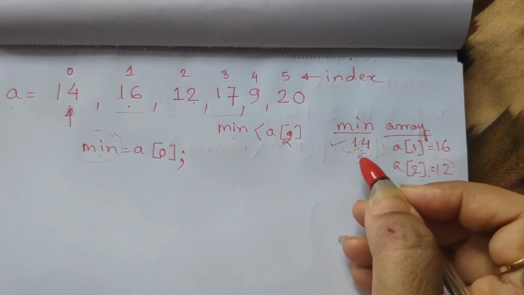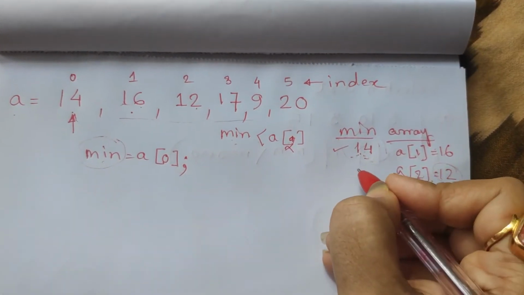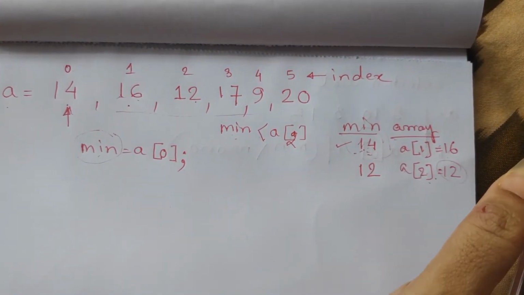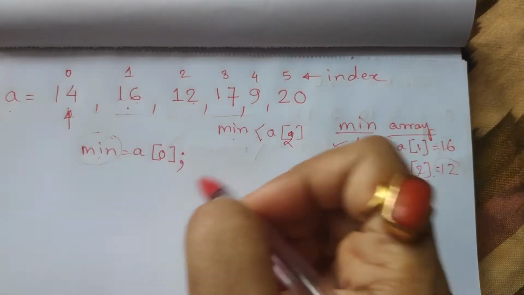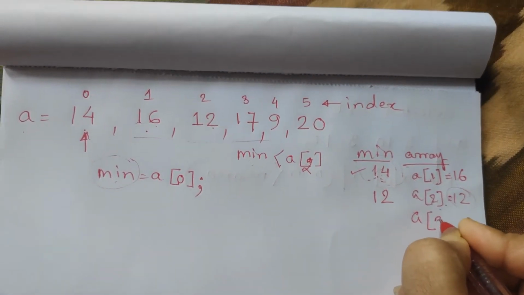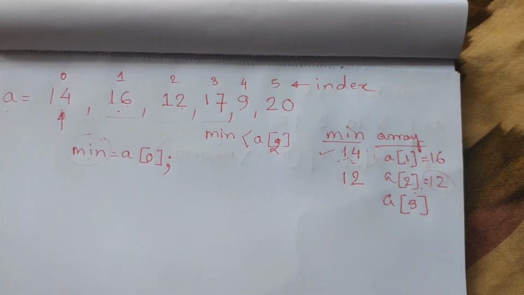So therefore we will now make 12 the new minimum number. So 12 becomes our new minimum. Clear?